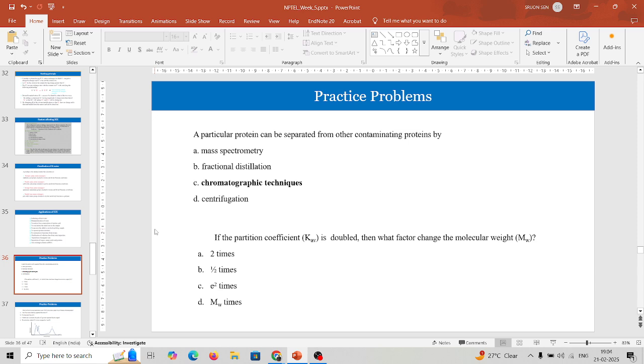If the partition coefficient is doubled, by what factor changes the molecular weight? So K average.